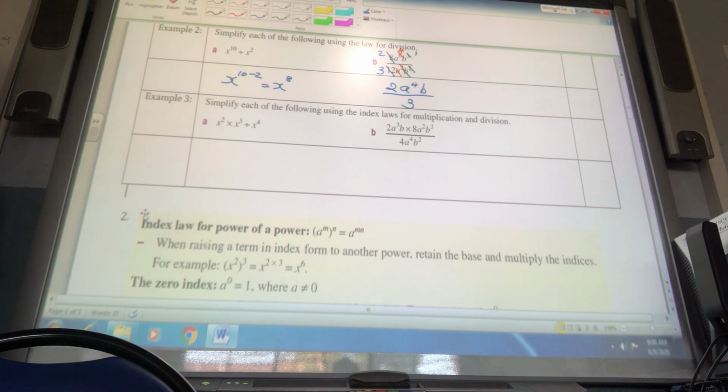Our first one, Leila. Can you tell me how to do the first one? Do the divide first.